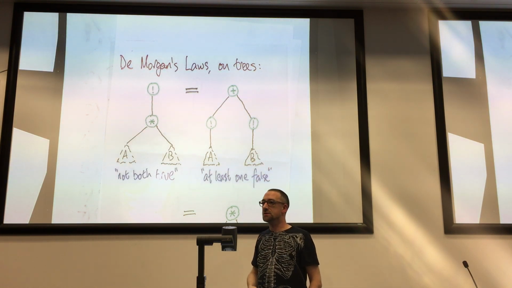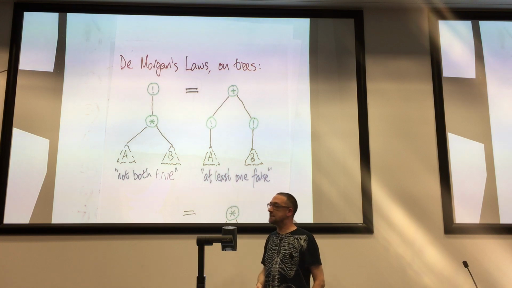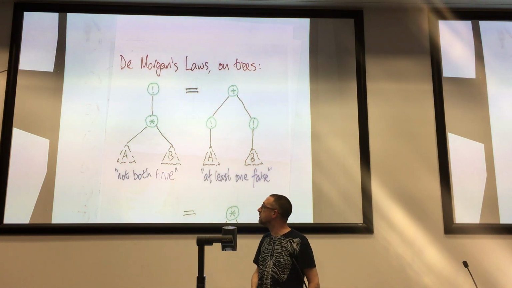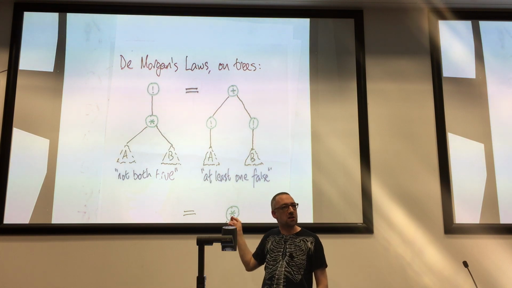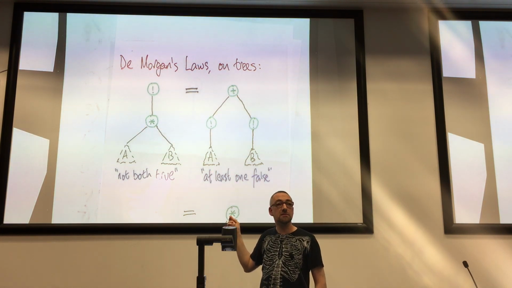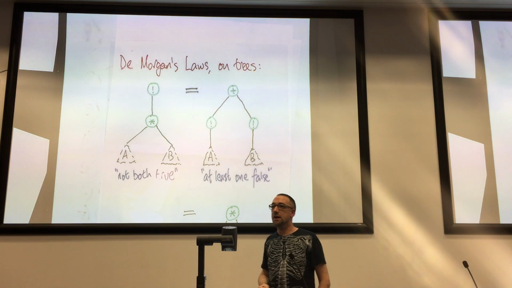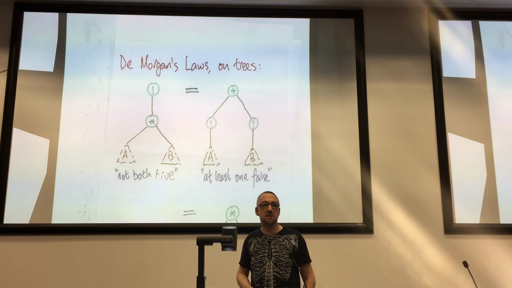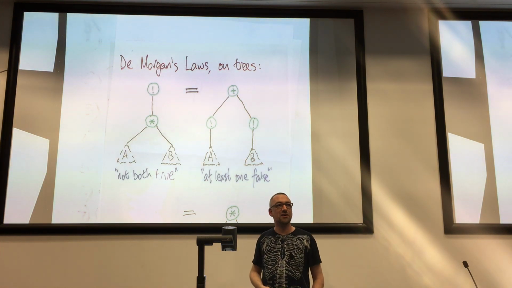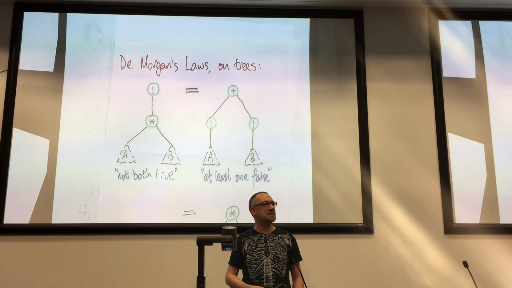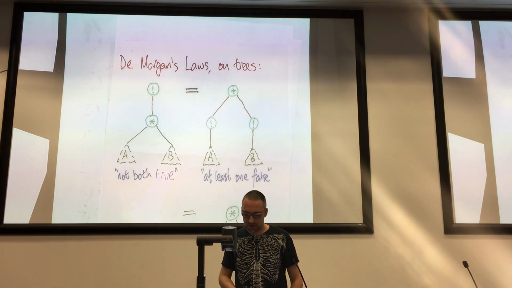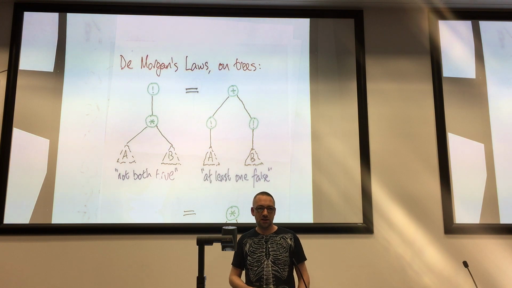And that's because if you have two things that are not both true, that means at least one of them is false. In your lucky testable world, it might not be obvious which is false, but you can find that out by testing. So it's reasonable to say when they're not both true, at least one is false.